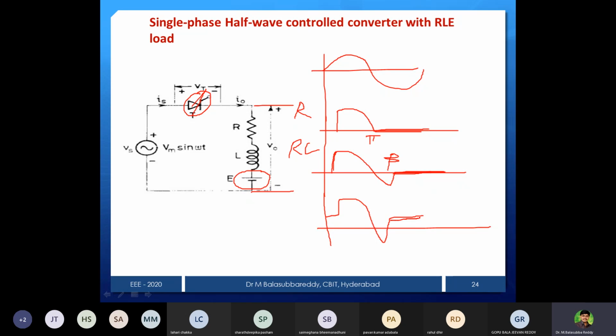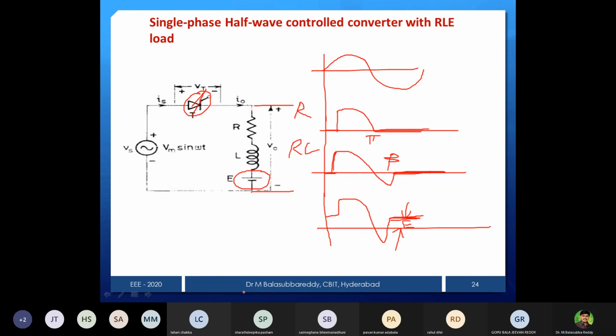This we call the back EMF. Whatever magnitude I showed here is the E, the battery voltage or back EMF voltage. The earlier waveforms and these waveforms are like this. You just find the differences only, because the derivation part is everything the same.